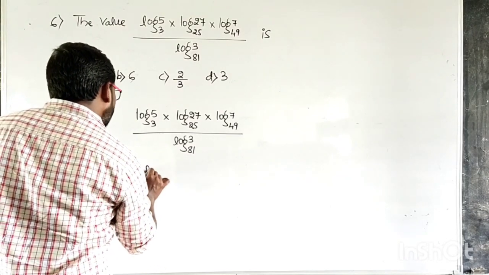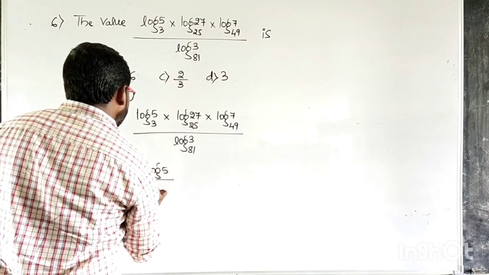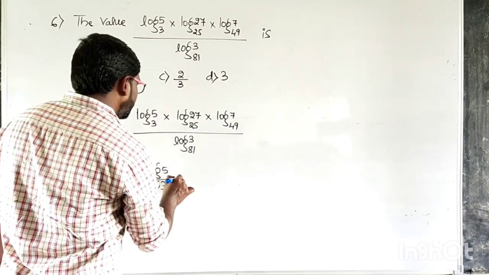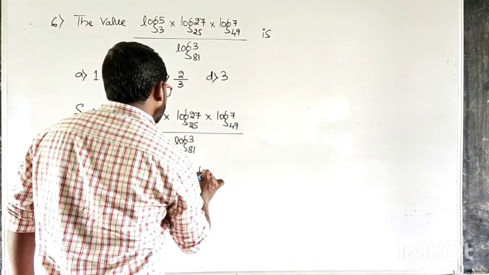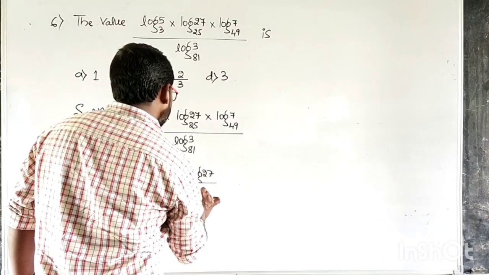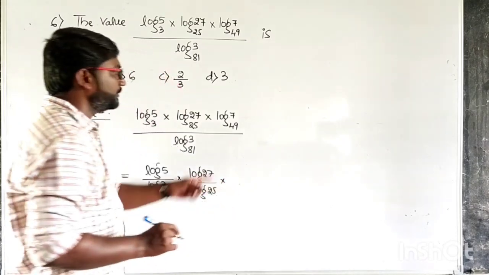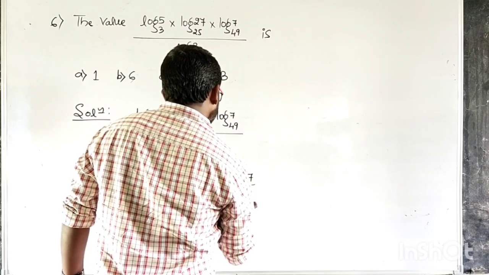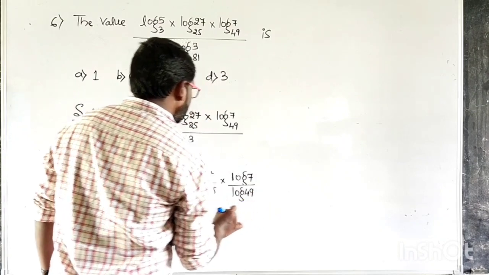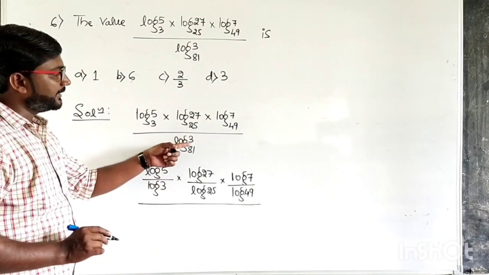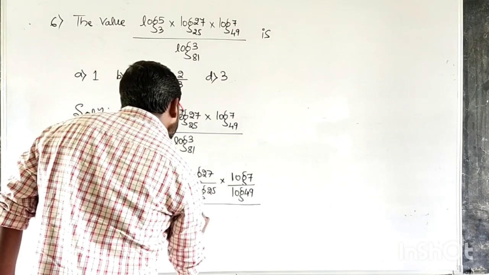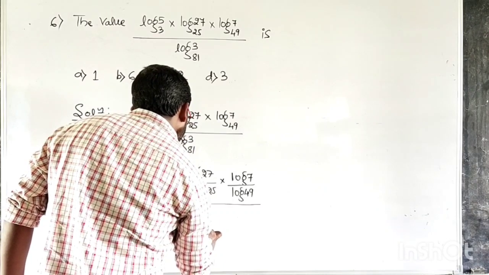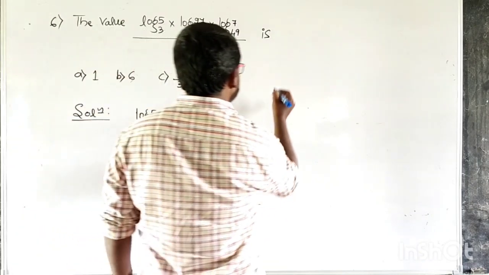So the numerator becomes log 5 divided by log 3, then into log 27 divided by log 25, then into log 7 divided by log 49, then whole divided by log 3 divided by log 81. So let us simplify this further.